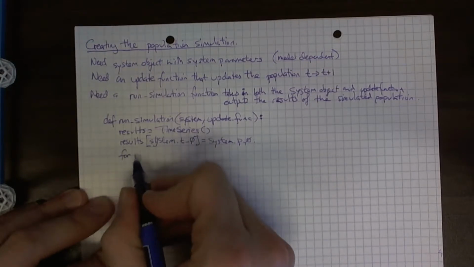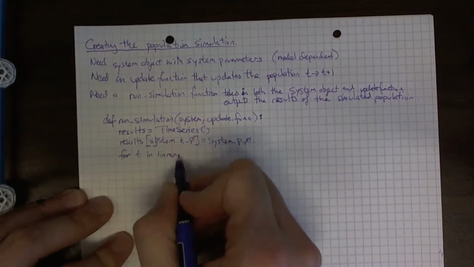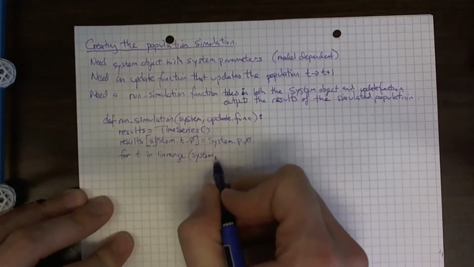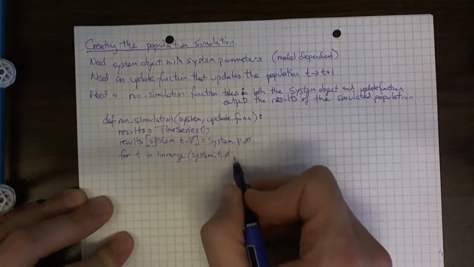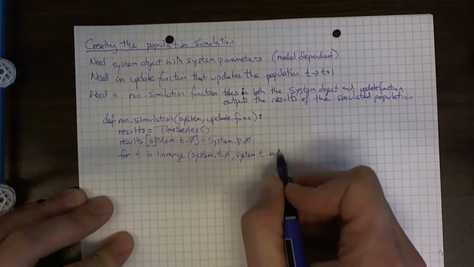Then we run the loop to collect the data, for t in linrange of system.t0 up to system.t_end.